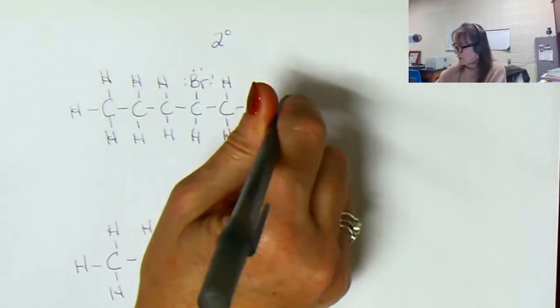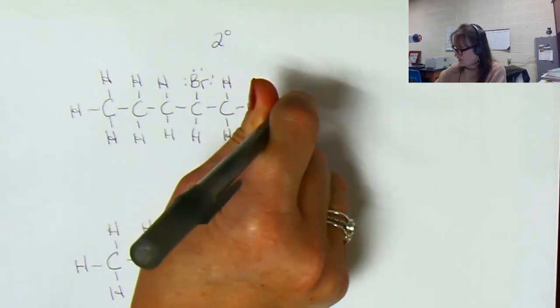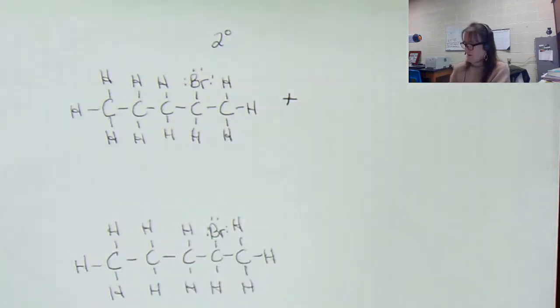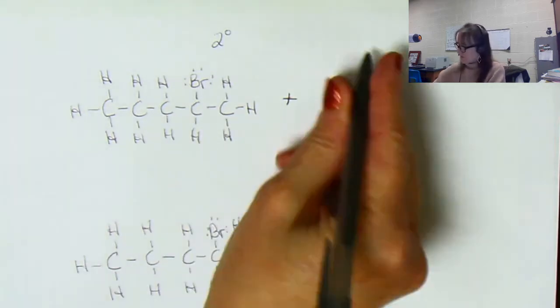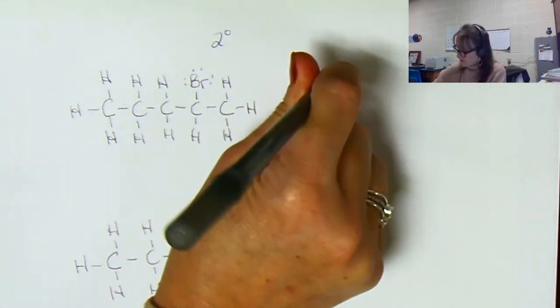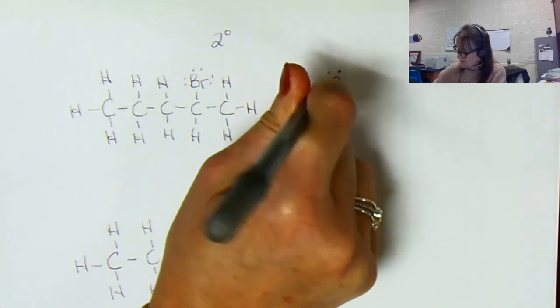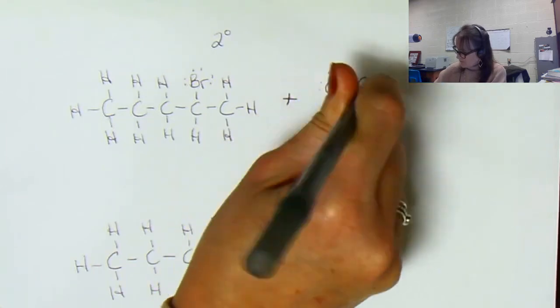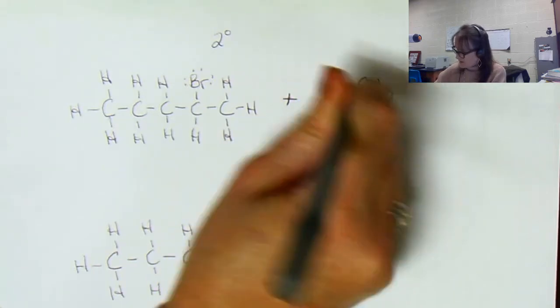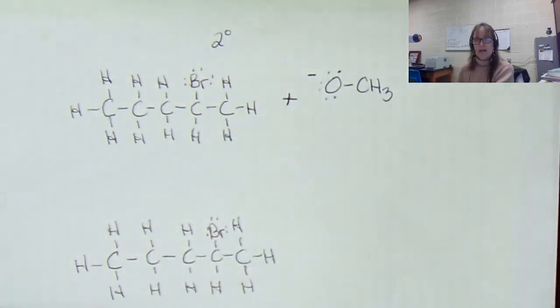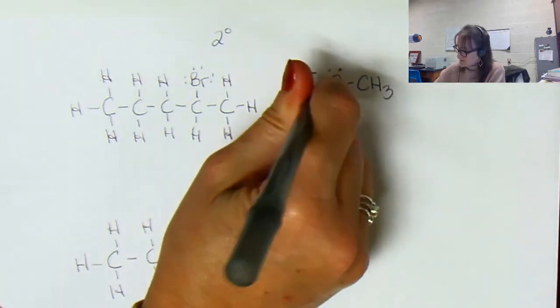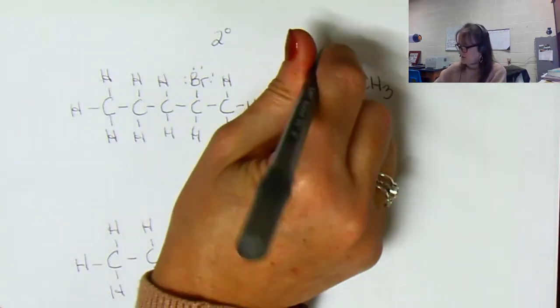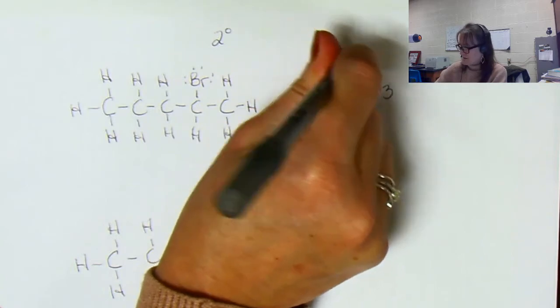Okay, so I'm going to react this with the same methoxide that we reacted our 1-bromopentane with. And so this is a strong base.